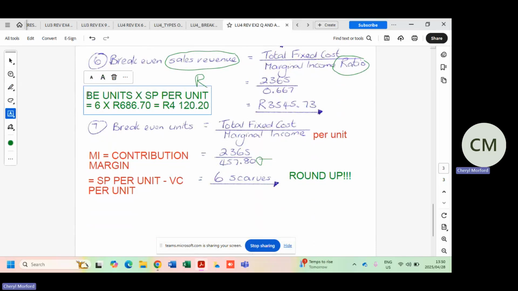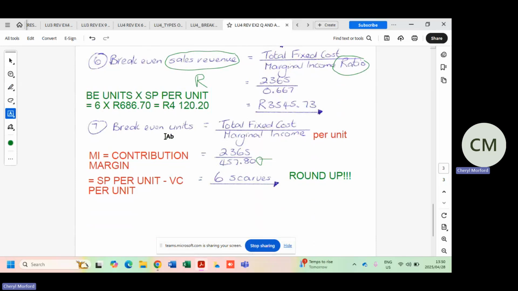Just checking that. Yes. Now, why is there a slight difference between the two? Obviously, it's because we took the 5.17 and we rounded it up to 6. So if you should get this in an assessment and the question doesn't specify a way to work out your break-even sales revenue, then the choice is yours entirely.